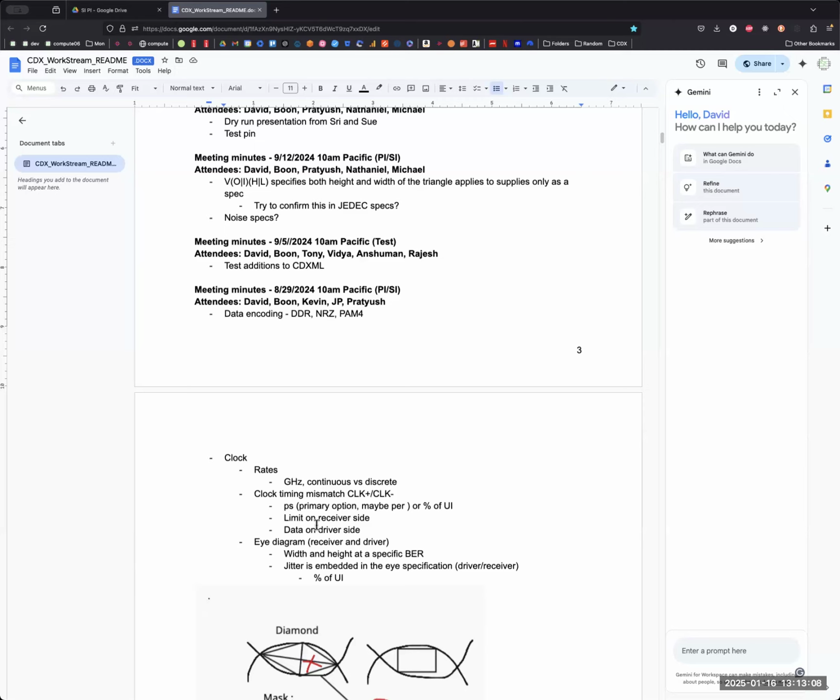The purpose of that is, instead of going to standards or IP PDF files and trying to extract the information, like what the voltage levels are, where the voltage swing is, what the half voltage is, what the data rates are, what jitter is allowed, and so on, the idea is to encode that information into a file such that analysis and simulation tools can just read in that file and set up the simulation and the necessary checks.